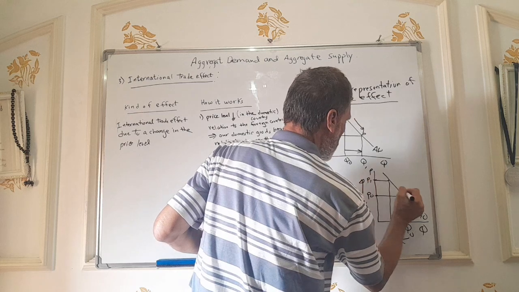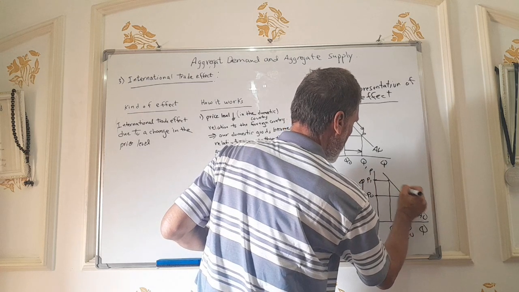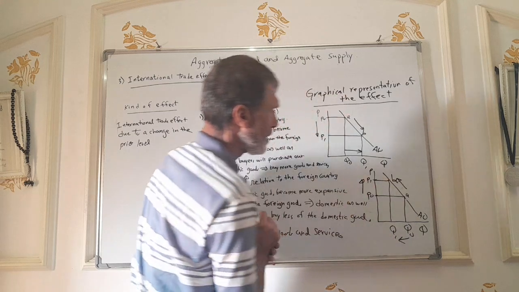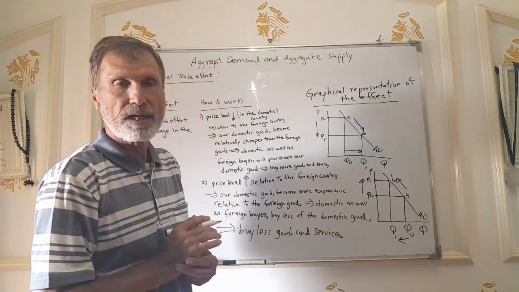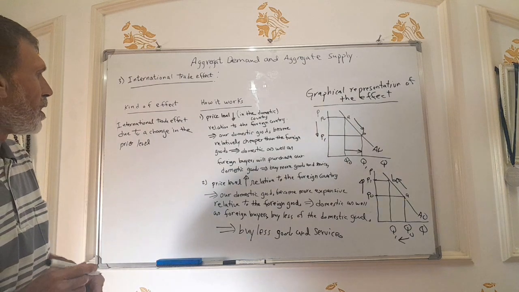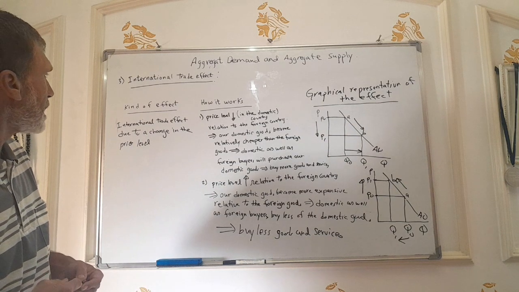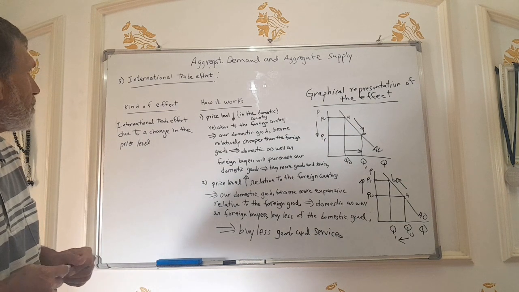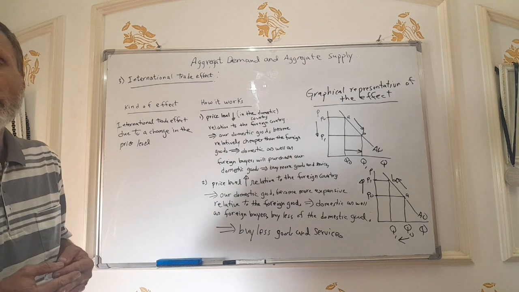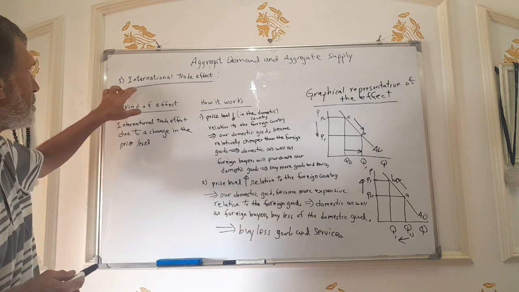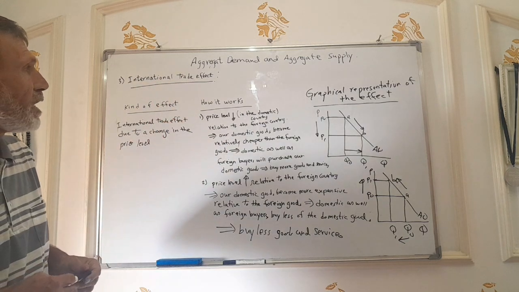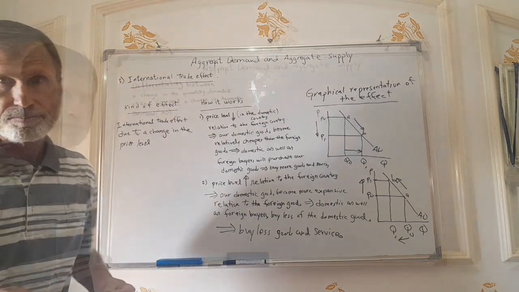So now we have A to B, a movement up along the aggregate demand curve when the price level increases. And this is the second case of the third effect that causes an inverse relationship between the price level and the quantity demanded of GDP, which is the international trade effect, and these are the discussions of that effect.